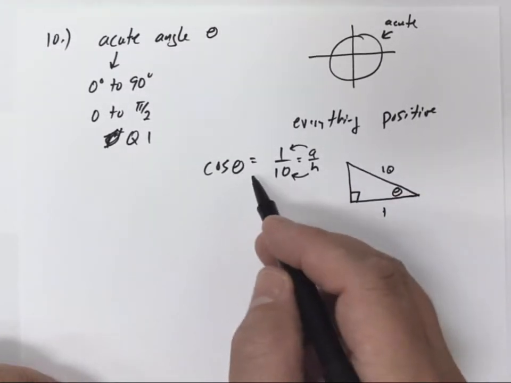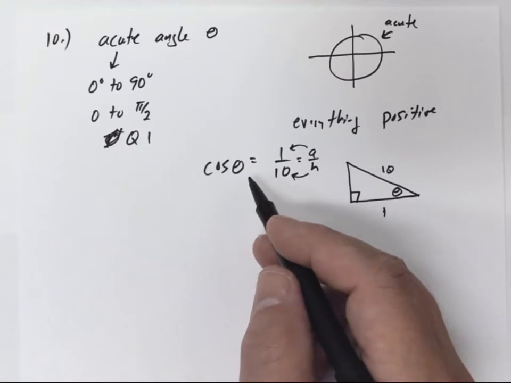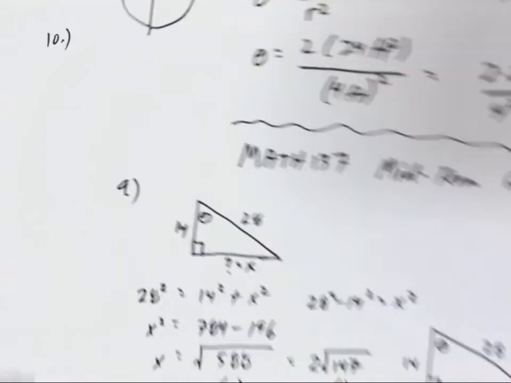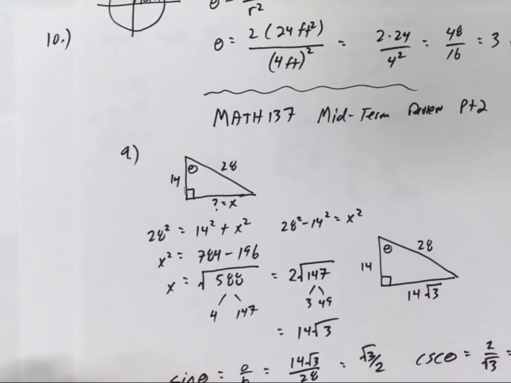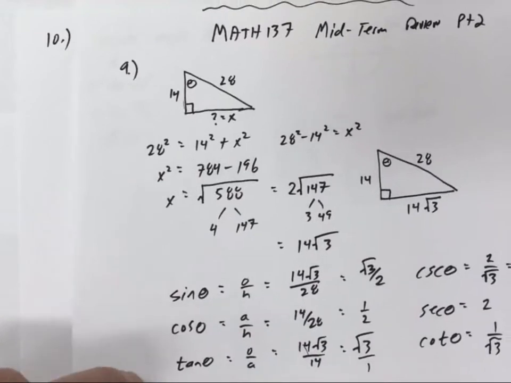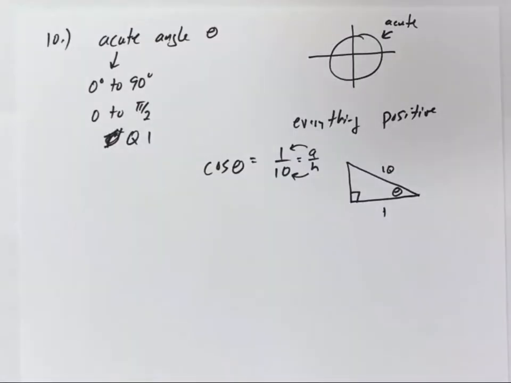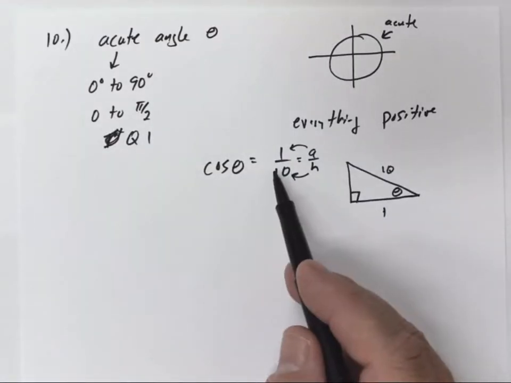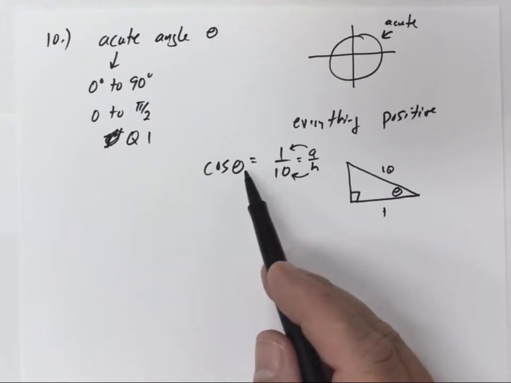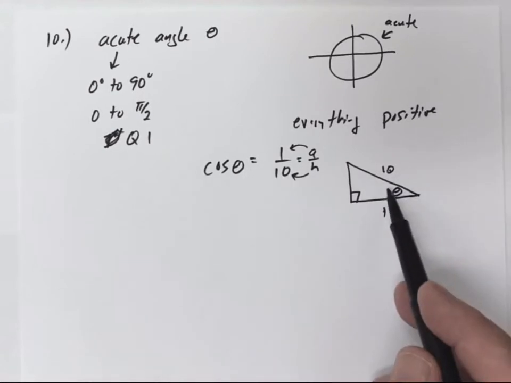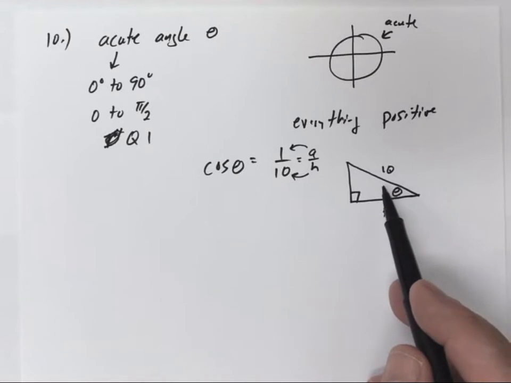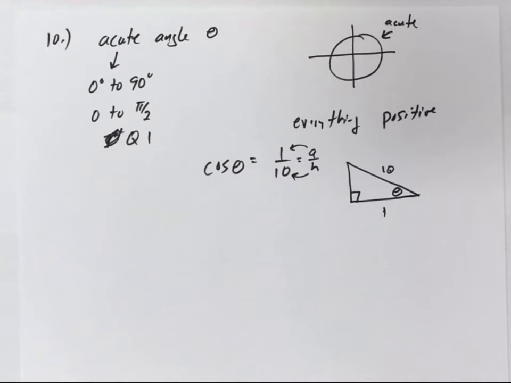So in the previous problem, just to help you understand, they gave us a triangle and we figured out the trig functions. Now it's like we're going backwards. They give us one trig function and say, based upon this, figure out the rest of the trig functions. Well, the way I'm going to do it is I'm going to take the one trig function, create my right triangle, and now that I have a right triangle, I can easily find the rest of the trig functions.